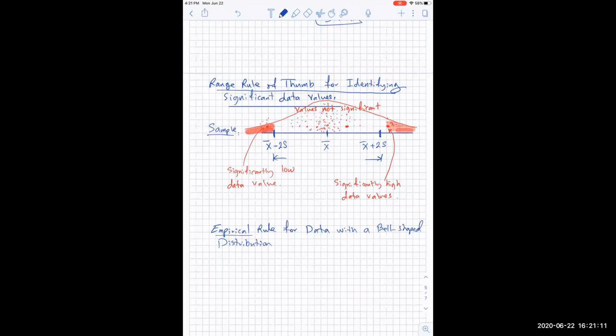Let me explain what that means. I'm going to take a picture of this figure from the textbook. Give me a second.